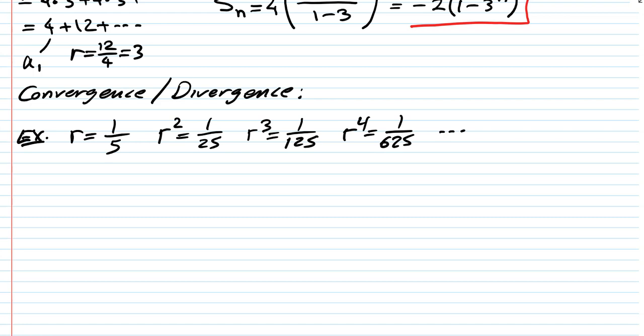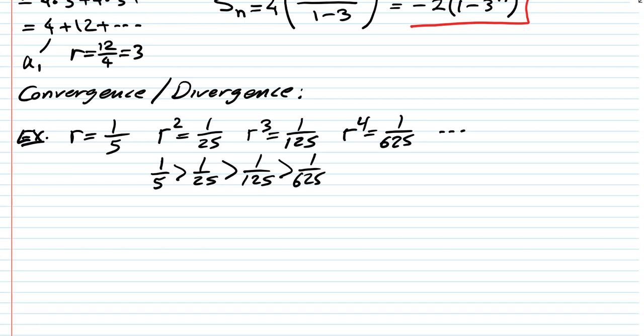Now, one thing we can immediately note here is that when you raise r to a power, in this case 1/5, the fraction is getting smaller, isn't it? Like 1/5 is greater than 1/25, 1/25 greater than 1/125, and so on.